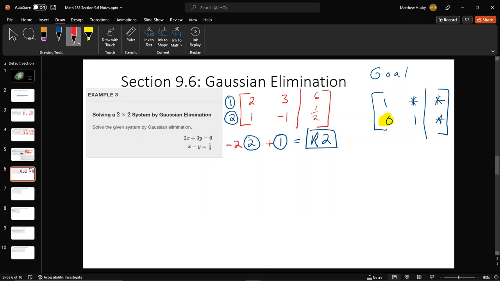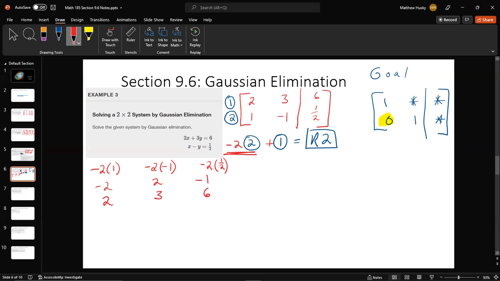So what is this going to be? Let's do it off to the side here. If I do -2 times row 2, that's going to give me -2 times 1, then -2 times -1, and then -2 times a half. So we multiply all that. This is -2, this is +2, that's going to be -1. This is the multiply step. Then with row 1, we're going to do 2, 3, and 6.